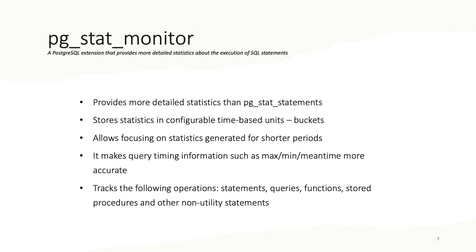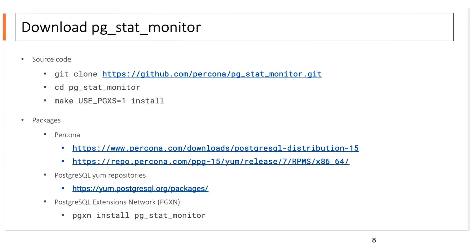So it has more information, like the IP address from where the query is coming, and the application name, which application is running that query. That's important, sometimes you need to know which application is running that query. This kind of information you can find in PGStat monitor, which is not available in PGStat statement.